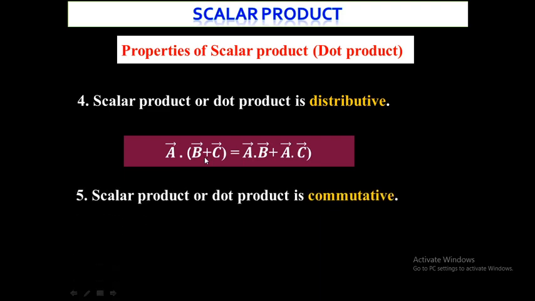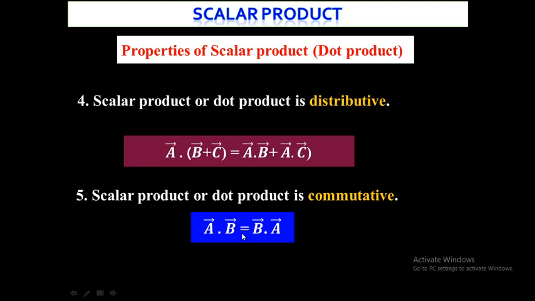Now we'll see the last property of the scalar product or dot product, the commutative property. It means that the dot product is commutative. Mathematically, vector A dot vector B is equal to vector B dot vector A. So we have studied 5 properties of the scalar product. We can quickly revise.